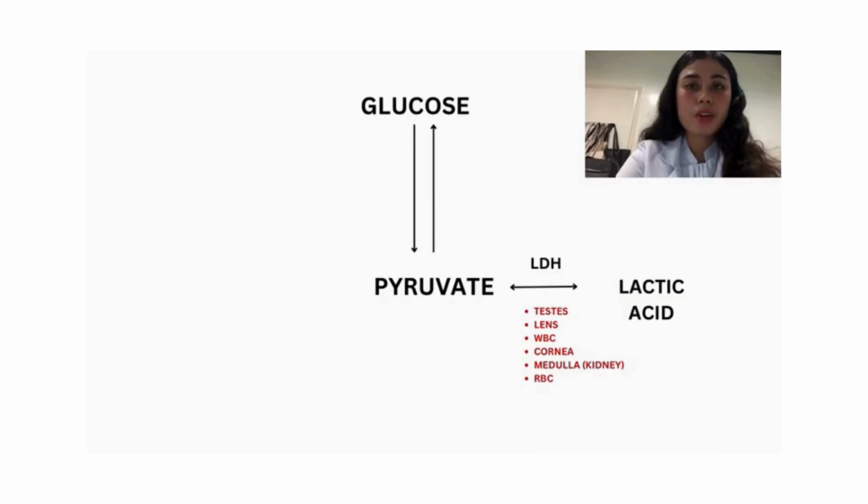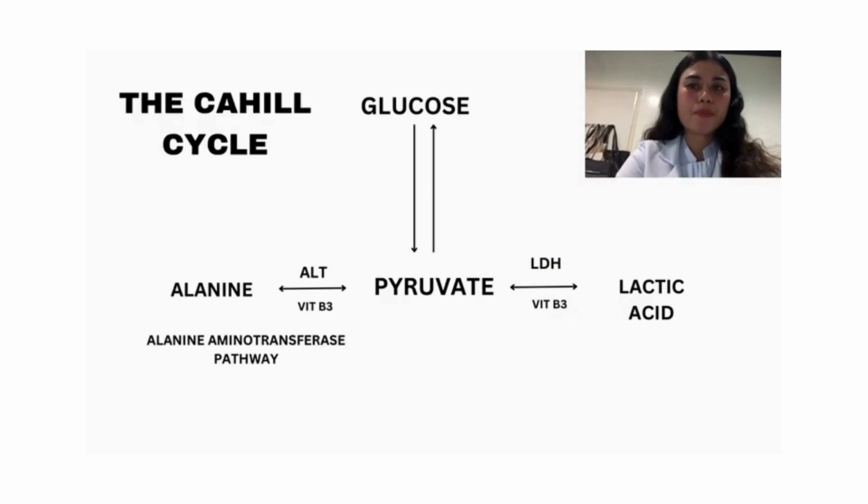Now, in certain tissues, this is the pathway that pyruvate will primarily go through, and those tissues are shown here: the testis, the lens, white blood cells, the cornea, the medulla of the kidney, and the red blood cells. For this one, the cofactor in the reaction catalyzed by lactate dehydrogenase is vitamin B3.